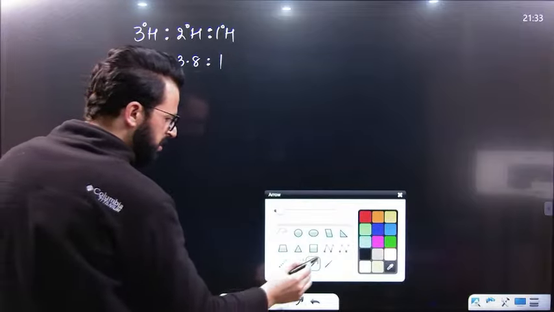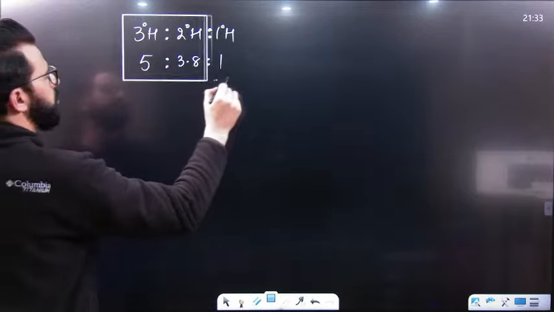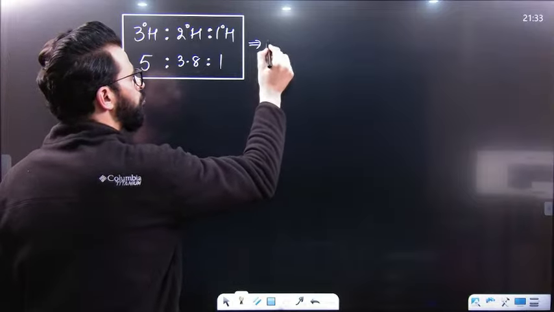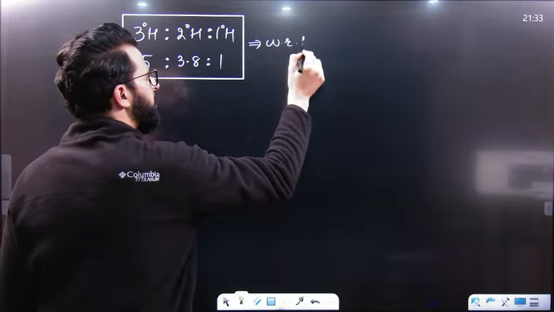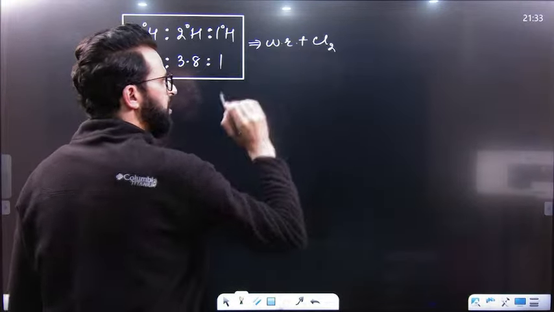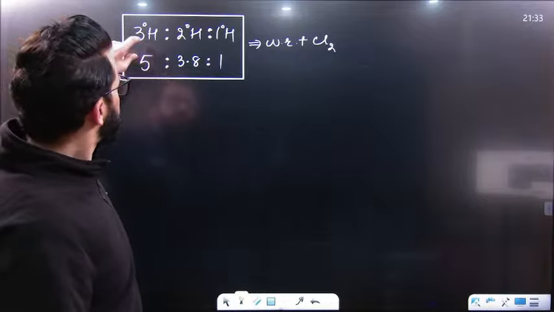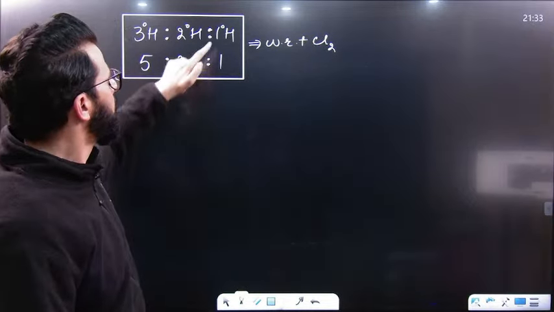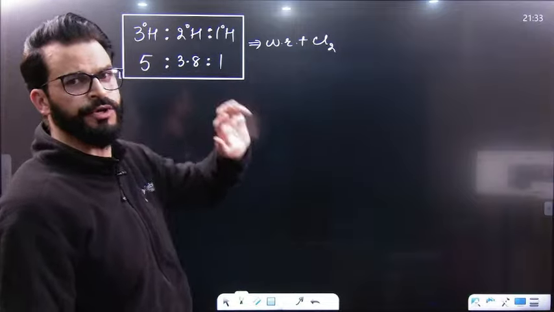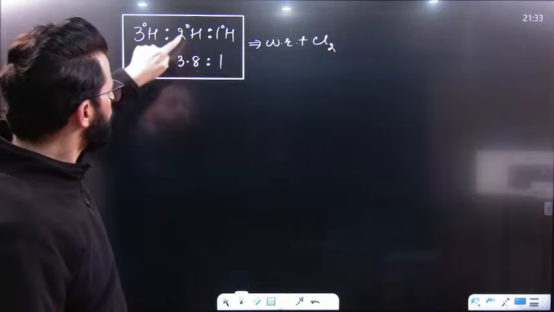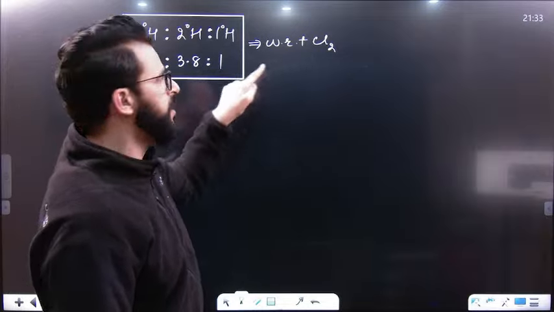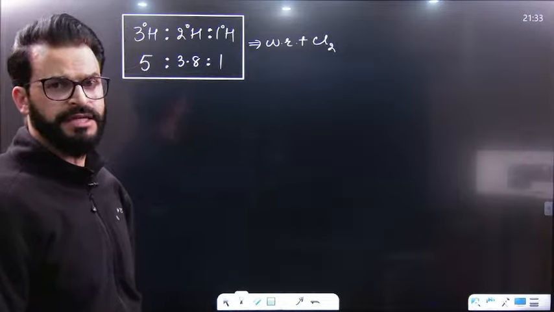But this is the reactivity of tertiary, secondary and primary hydrogens with respect to chlorine. That means 3 degree hydrogen is 5 times more reactive than 1 degree hydrogen as far as chlorine is concerned. Similarly, 2 degree hydrogen is 3.8 times reactive with chlorine as compared to 1 degree hydrogen.